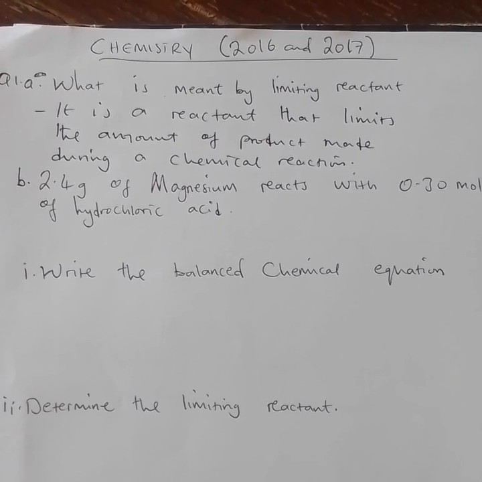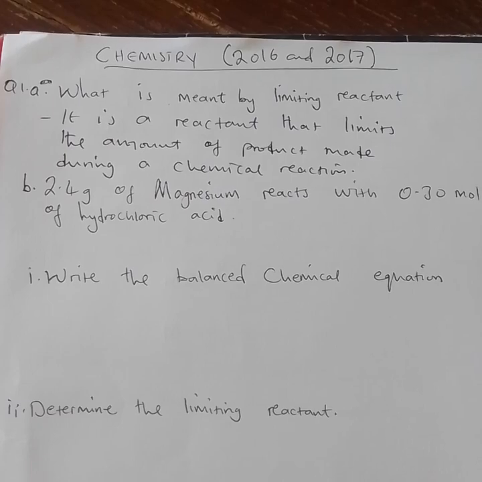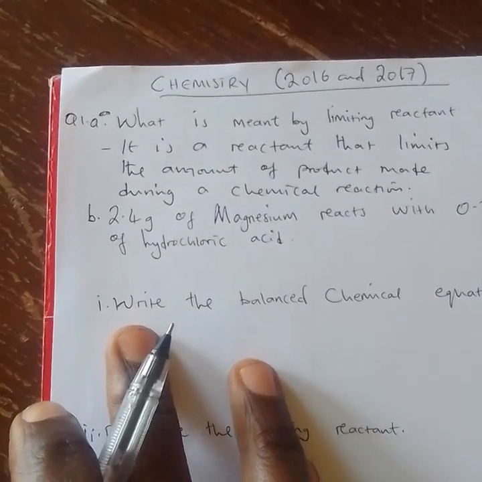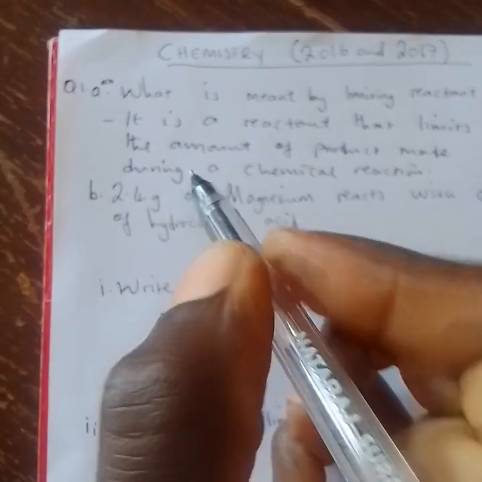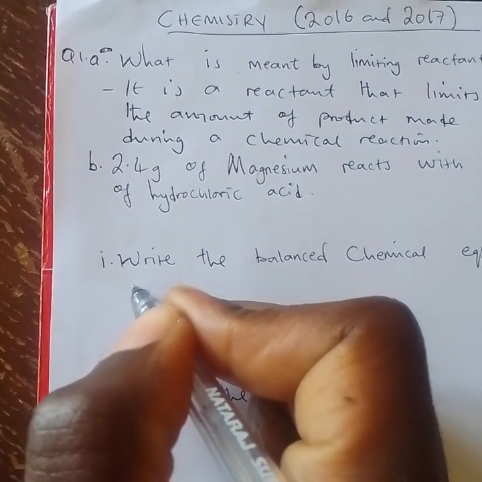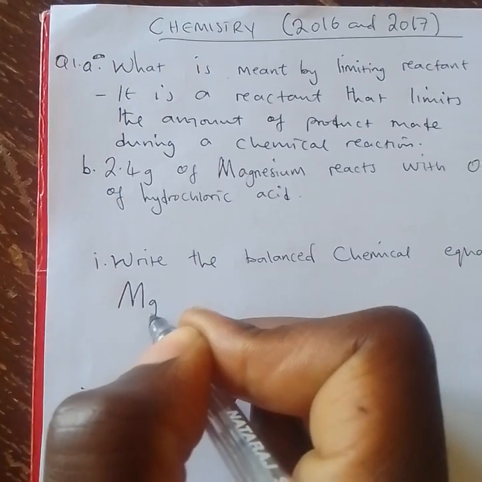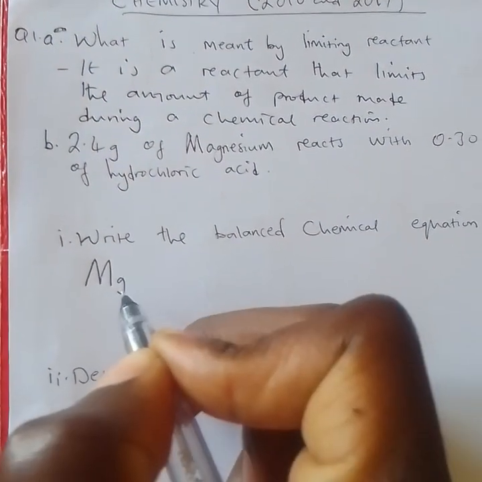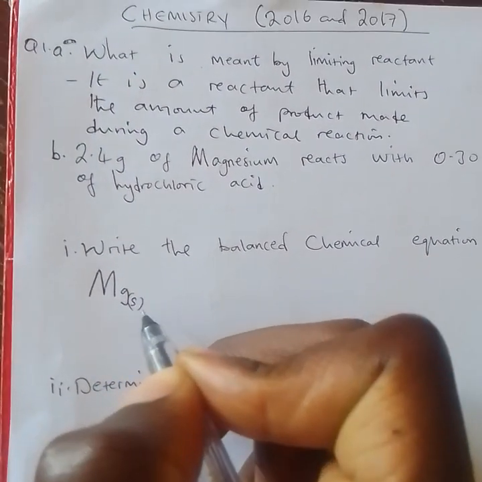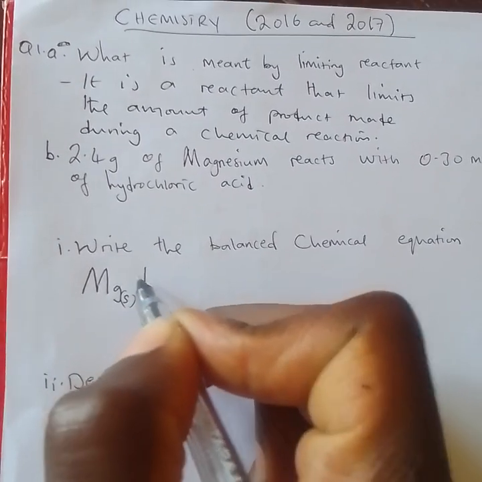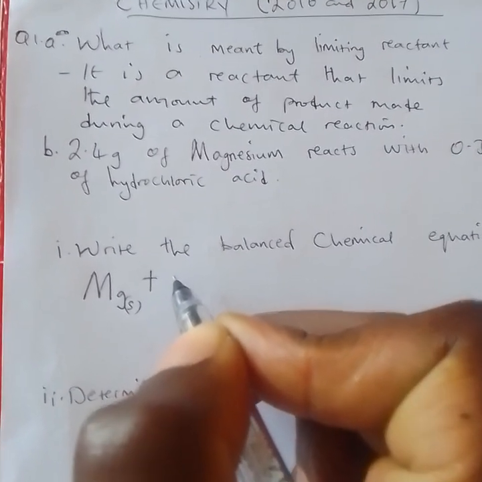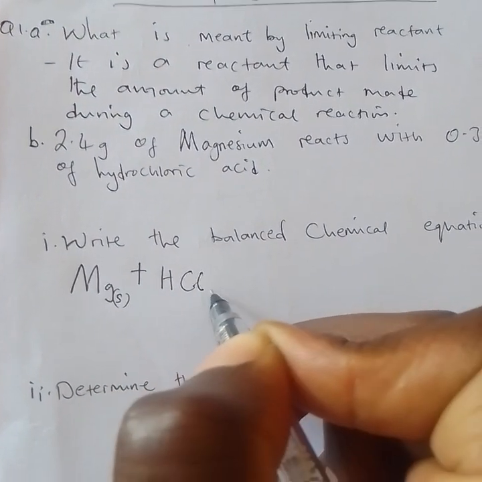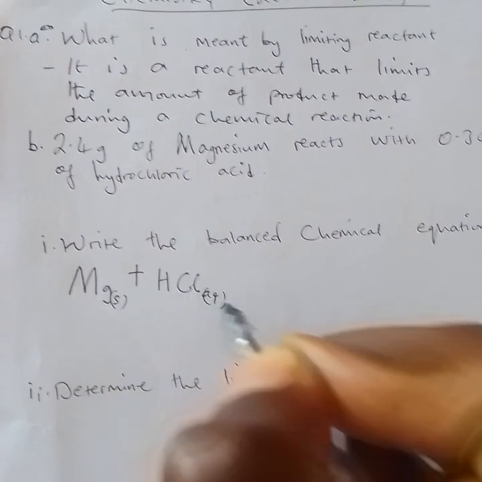So magnesium reacts with hydrochloric acid. The symbol for magnesium is capital M and small g. We write magnesium and indicate its state: magnesium is a solid, plus hydrochloric acid, HCl, whose state is aqueous.